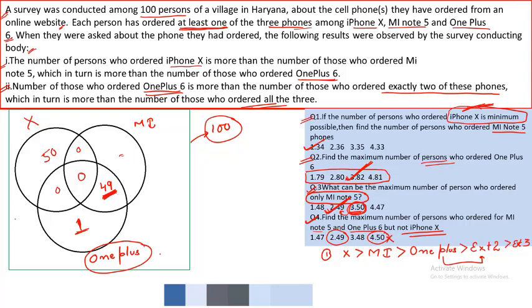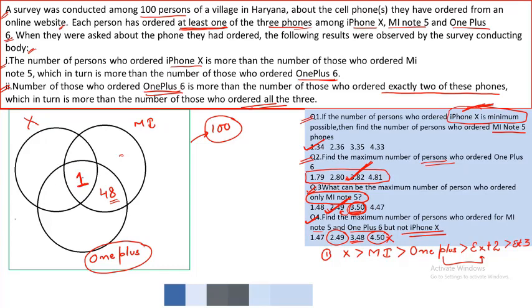Now let's try with 48. Now if I take 48 over here, the OnePlus region must be greater than 48. Now I will not try to take much to the exactly 2 region, but I can give 1 over here in the middle to all the regions.